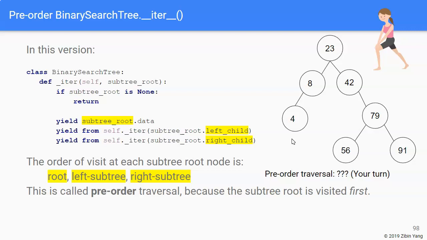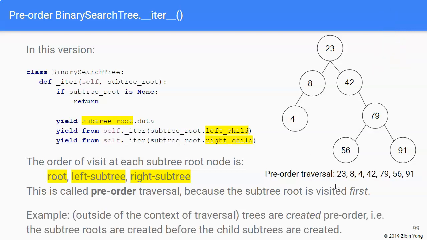Okay, so hopefully you've done that, and here is the order of the numbers visited. Just quickly, we always start at the root of the tree, and that is the data that we yield first. So 23 is the first number, and then we go down the left subtree before we go down the right.